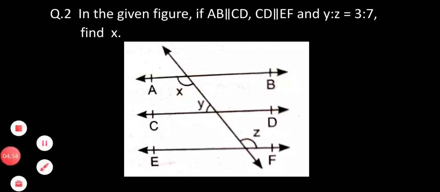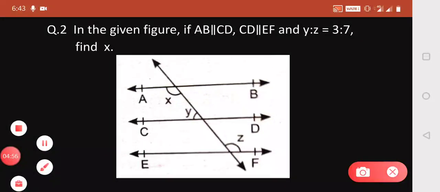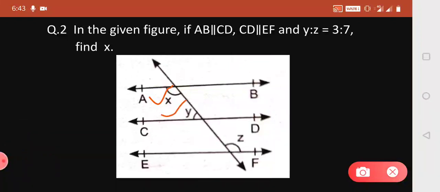Yes, we can see in the figure that x plus y equal to 180 degree. That is because they are interior angles on the same side of the transversal when two parallel lines AB and CD are intersected by a transversal. So we write x plus y equal to 180 degree.